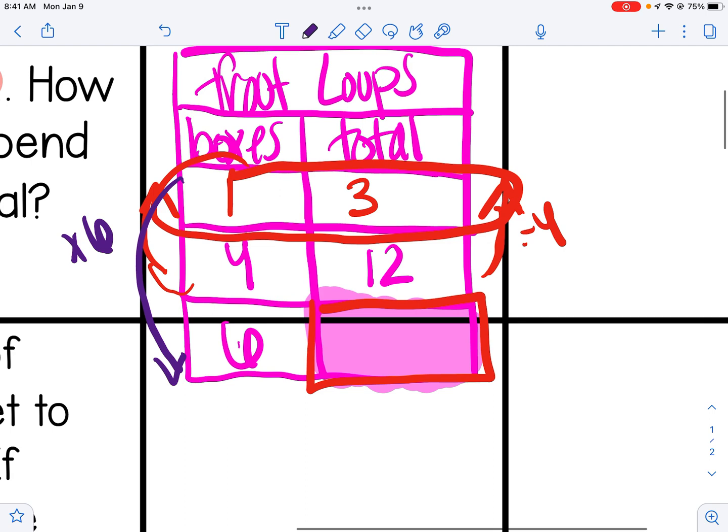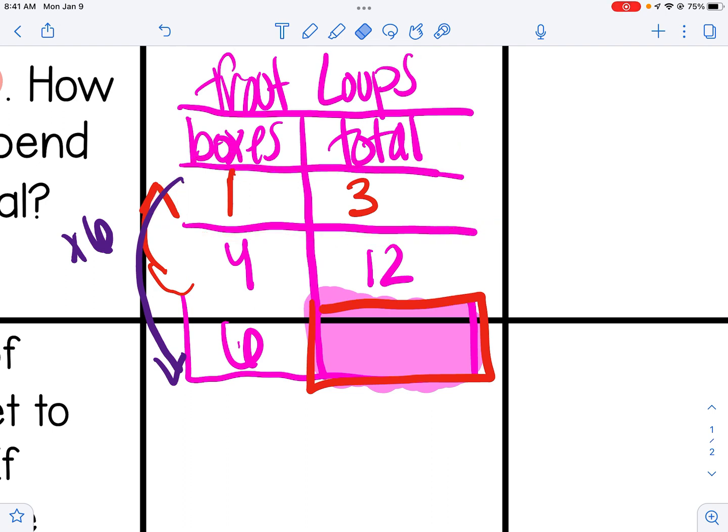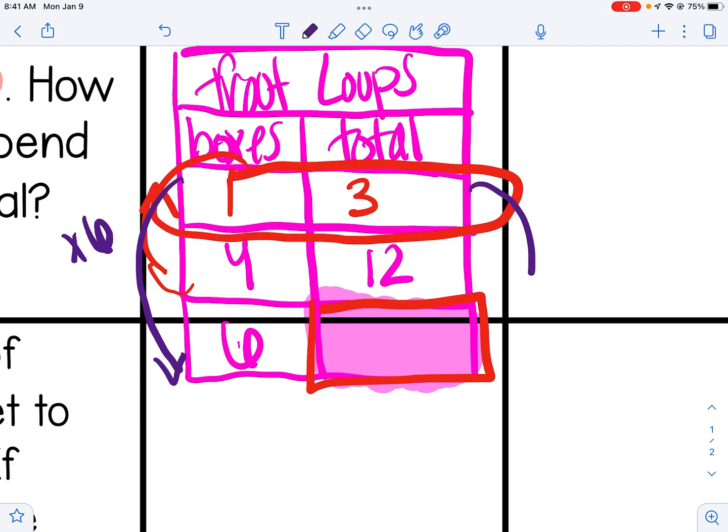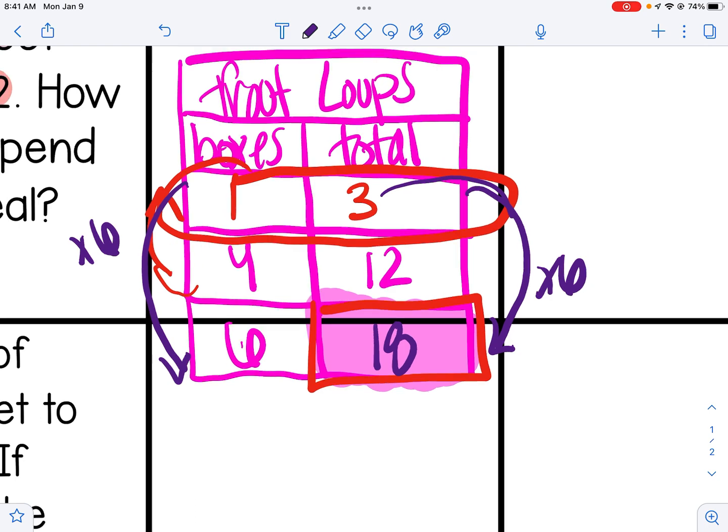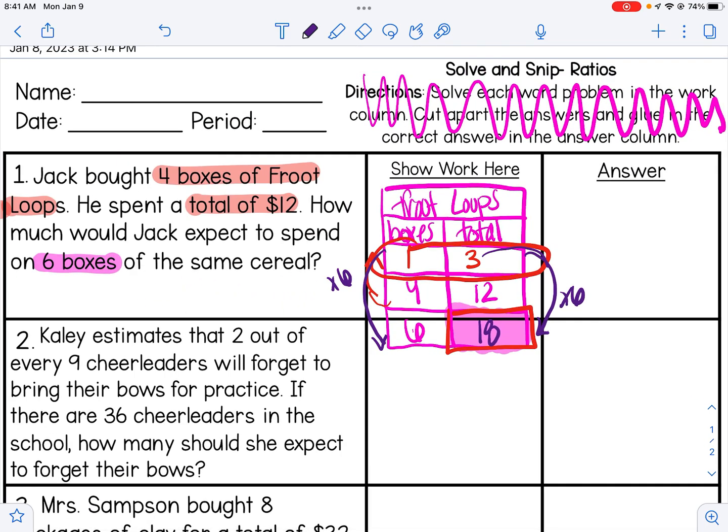And remember with equivalent ratios, whatever you do on one side, you do to the other. So if they did 1 times 6 to get 6 boxes, I'm going to multiply this side by 6 also to get that missing number. So 3 times 6 is 18. That means he should expect to spend $18 on 6 boxes of cereal.